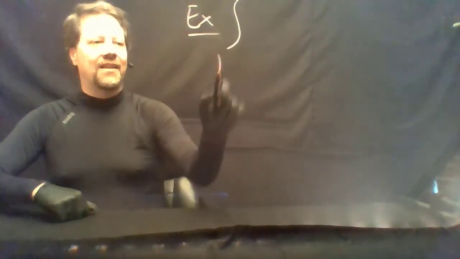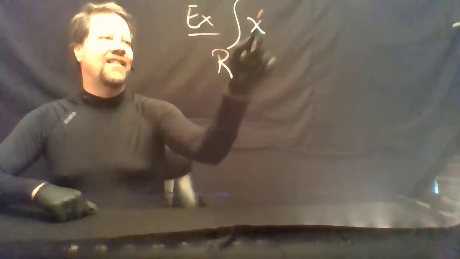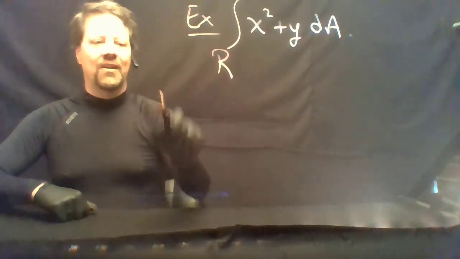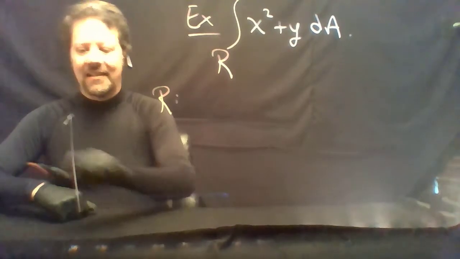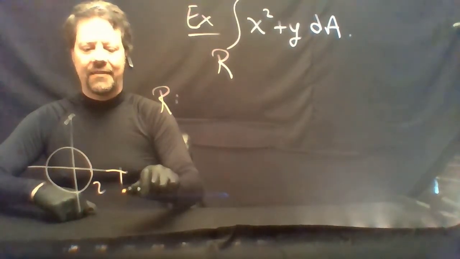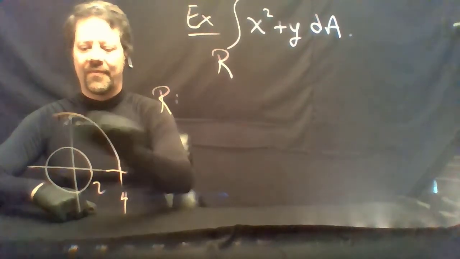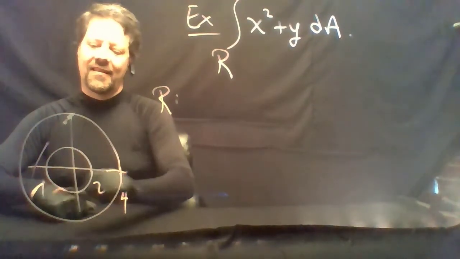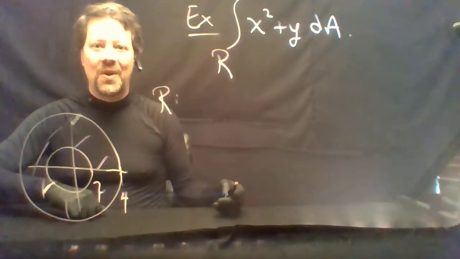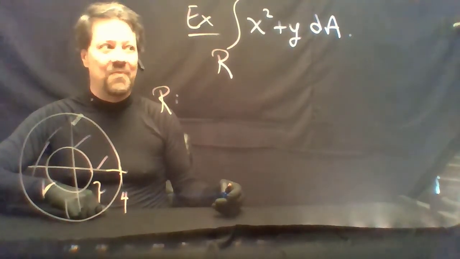On our next problem, I want to integrate on a region R, x squared plus y, dA, where R is the annulus, inner radius 2, outer radius 4. Now, there are a couple things I want you to notice from this example.